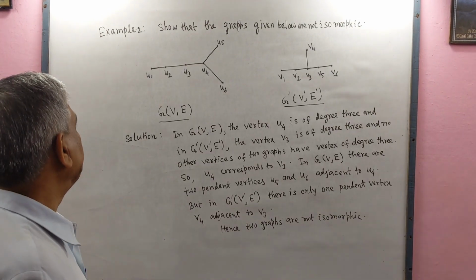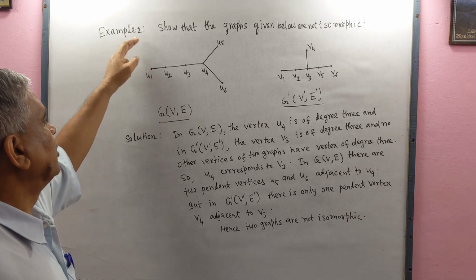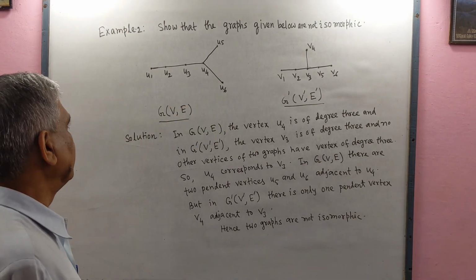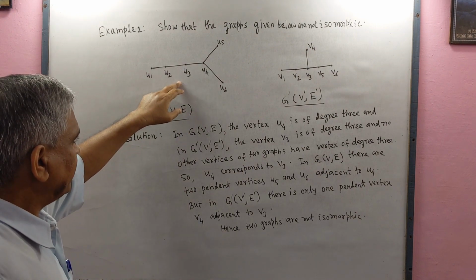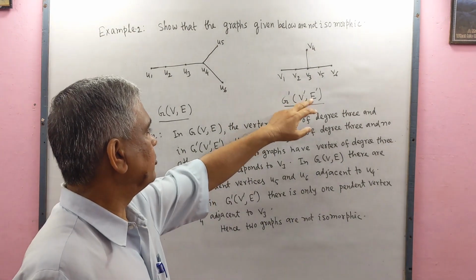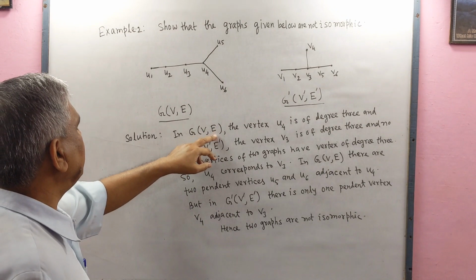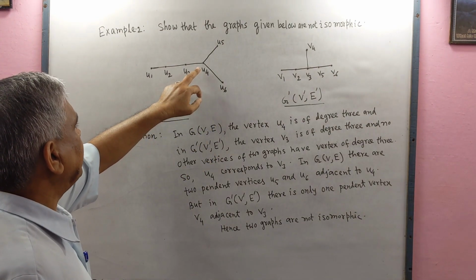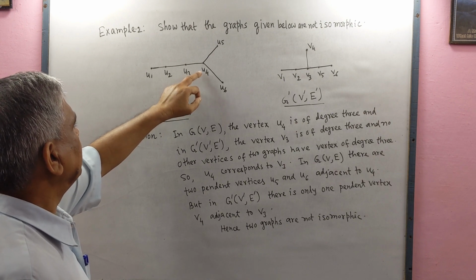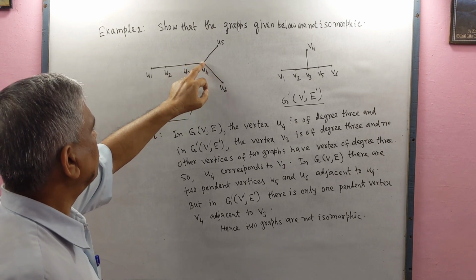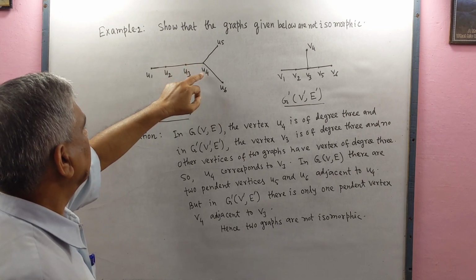Now we shall give another example in which we shall show that two graphs are not isomorphic. Here G(V, E) is a graph and G'(V', E') is another graph. Here we see that in G, the vertex U4 is of degree 3 because 3 edges, 1, 2 and 3, are incident to vertex U4.